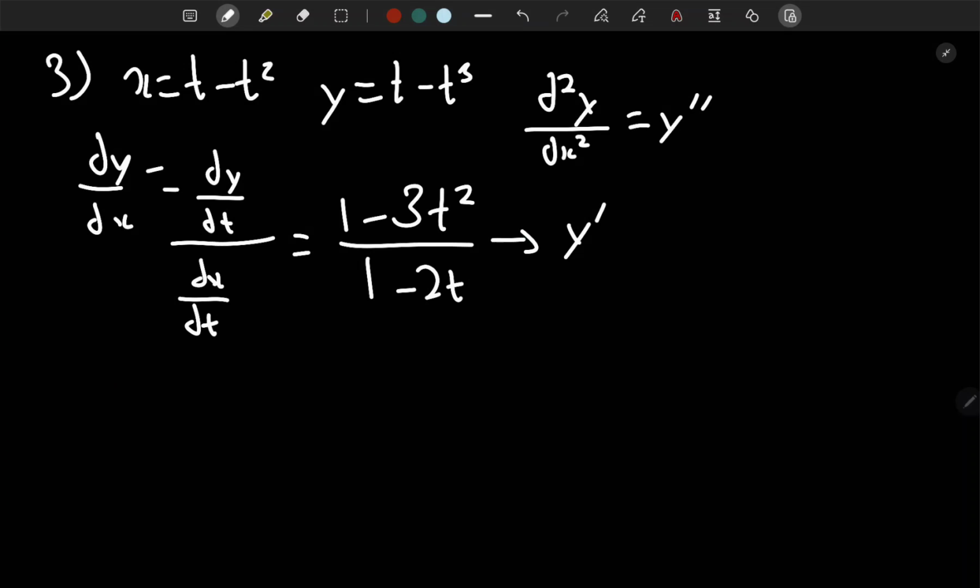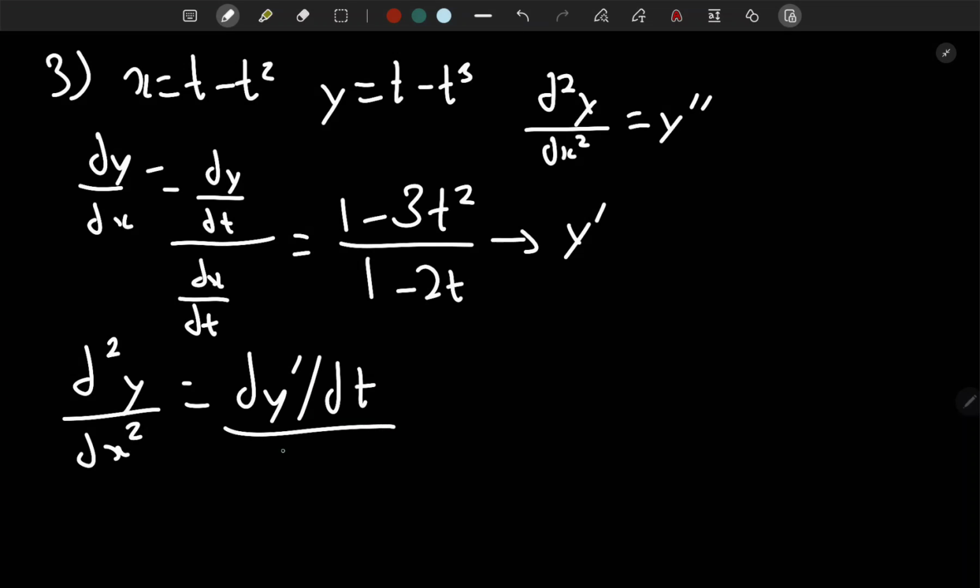Now for the second derivative, we will write it over here, so d squared y over dx squared is equal to dy prime over dt over dx over dt. So remember that the denominator is the same as the first prime, so we can just write that as is, so 1 minus 2t.